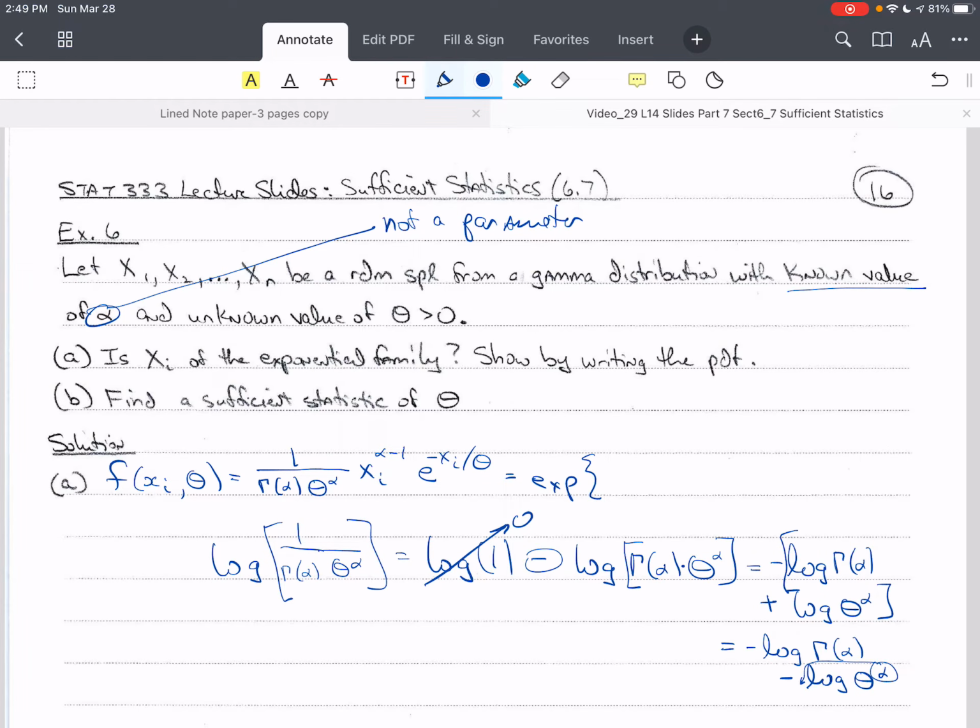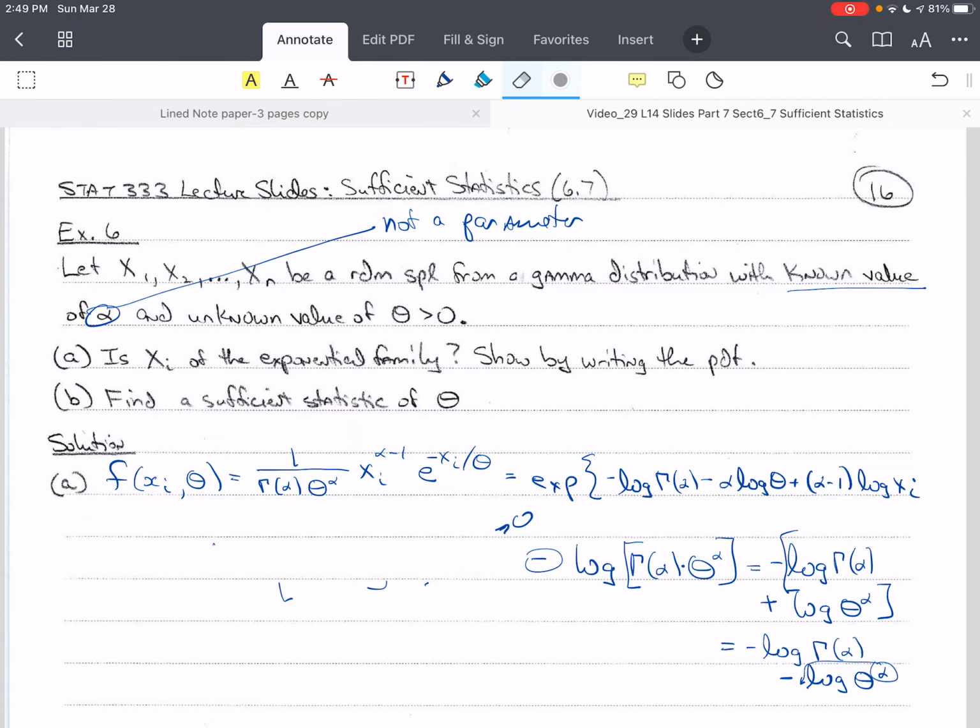So this is negative log of gamma alpha minus alpha log theta, and then plus alpha minus 1 times log x sub i. That was this term.